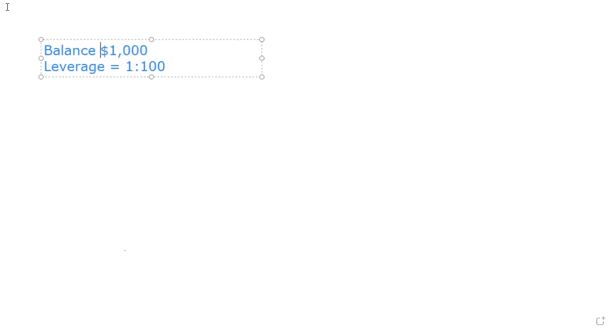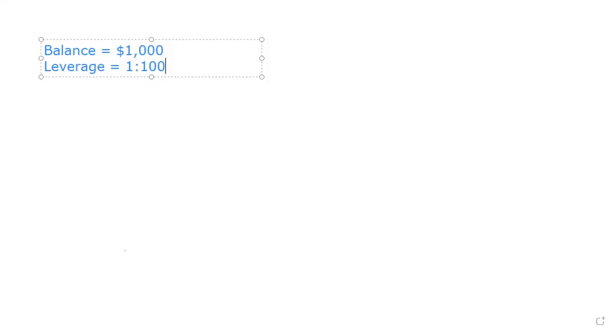Are you guys still here? Okay, so this is the balance. The balance is 1,000. Then the leverage is 1:100. How does this affect lot size? Remember, we said that one standard lot size is equivalent to 100,000 units of that particular currency, of that particular asset you want to trade.